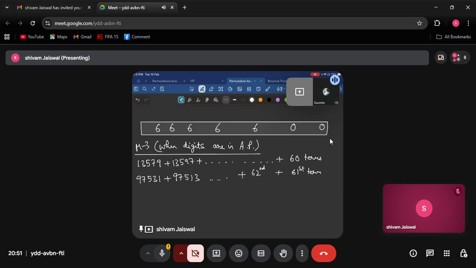Yes, sir. Now what we are going to do is I'm going to add. Tell me the addition of the first column. Tell me, what is the addition? Only one person is replying. Others are not getting. Tell me.